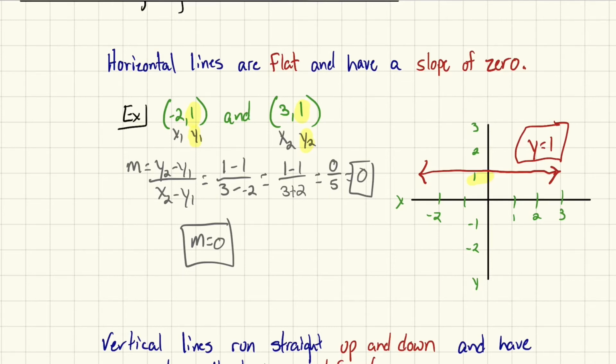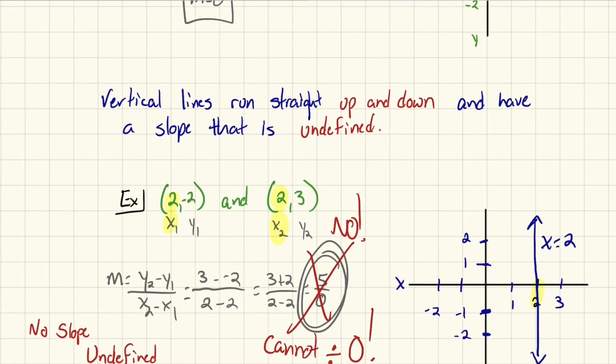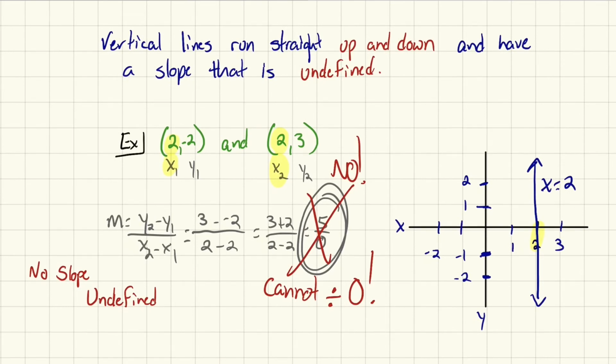With our vertical lines, we had matching numbers for our x values at 2. Our line crossed 2 on the x-axis, and the equation was x equals 2. So it's the same thing, just depending on which direction we go.